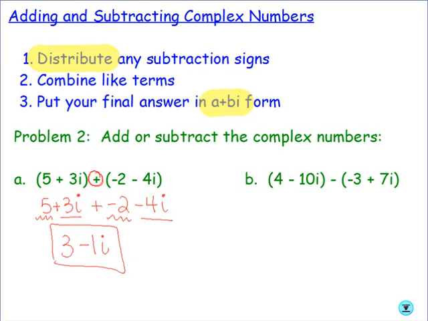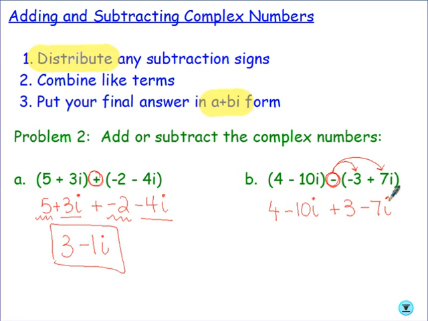b, on the other hand, is a subtraction problem. So this is where we need to distribute. So what this means, the first parentheses do not change. The second parentheses, I am going to do the opposite of both numbers. The opposite of negative 3 is positive 3. The opposite of positive 7 is negative 7.